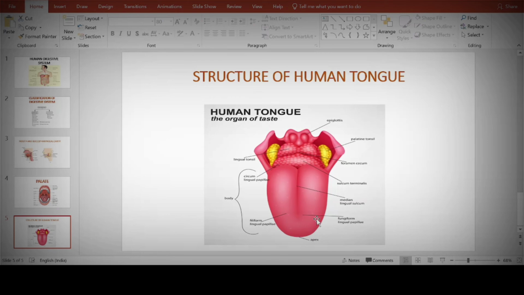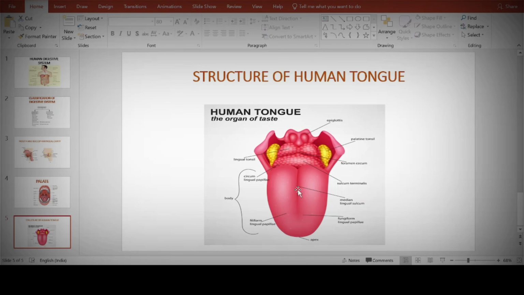They are found on the entire surface of the tongue, but predominantly in the anterior portion, and the pink color of the tongue is due to fungiform papillae.